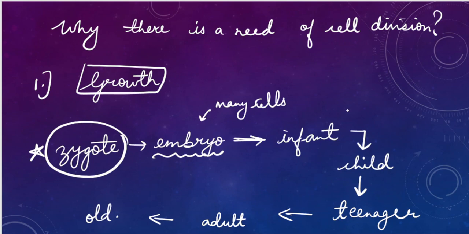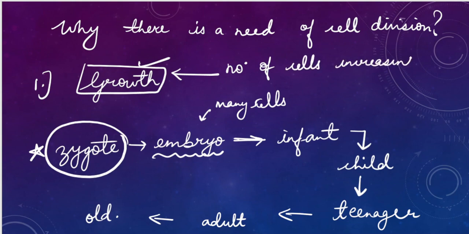The size of our body doesn't remain the same as when we were a baby, and we don't have the same number of cells. Our number of cells goes on increasing because there is a need of growth. Understood? So this is the first reason for cell division, known as growth.